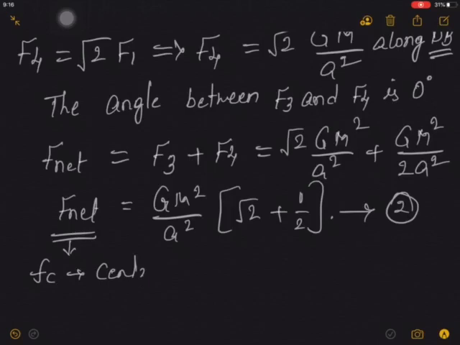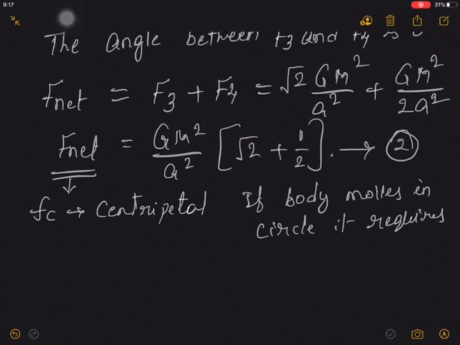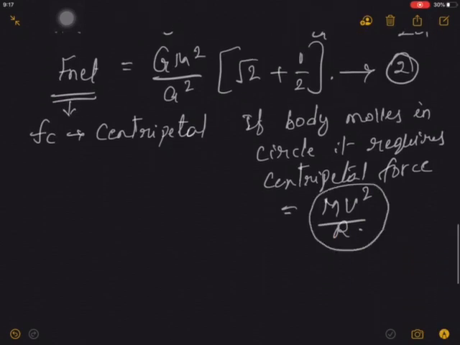This resultant force will supply the necessary centripetal force. It supplies centripetal force because if a body moves in a circle, it requires necessary centripetal force, and this is equal to mv square by radius r.